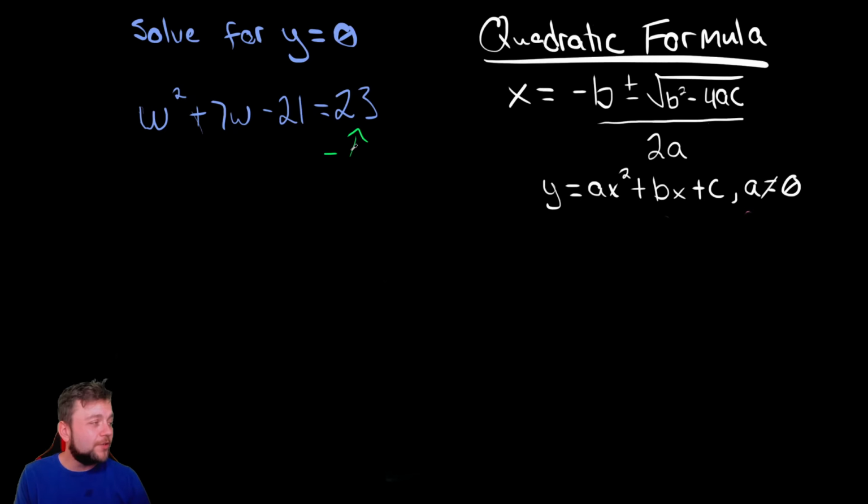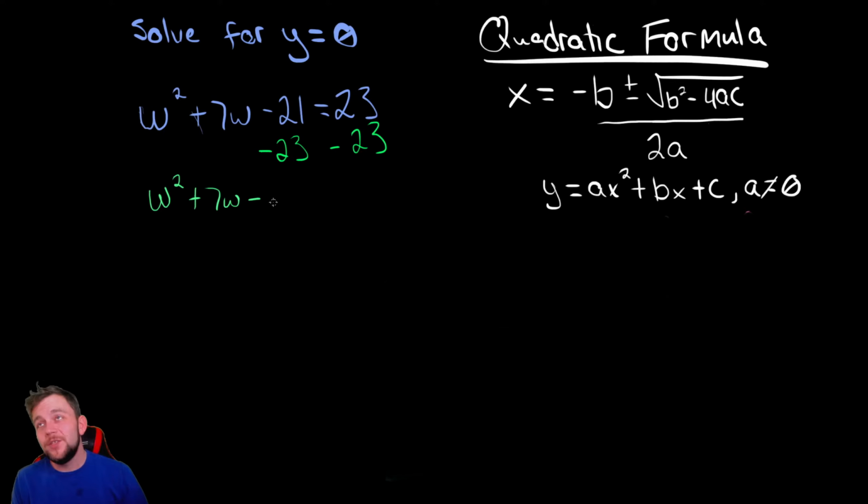We subtract 23 from this side, and then we subtract 23 from the other side, and then we rewrite our equation. So then we get w squared plus 7w minus, and 21 minus 23 is minus 44, and that equals 0. Okay, so we're good.